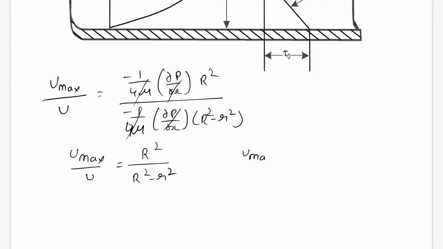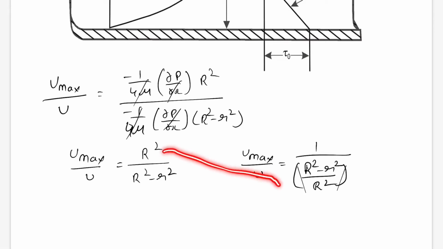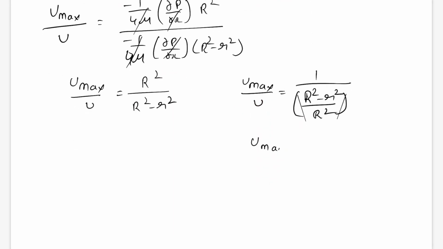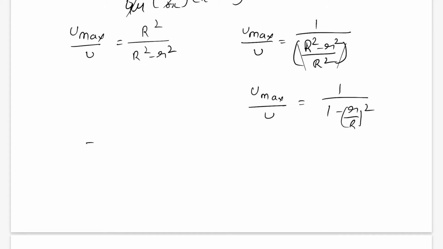Now u max by u is equal to 1 by capital R square minus small r square by capital R square. I'm bringing this value down. Now u max by u is equal to 1 by 1 minus small r by capital R whole square, which means we'll take u here and this thing here.